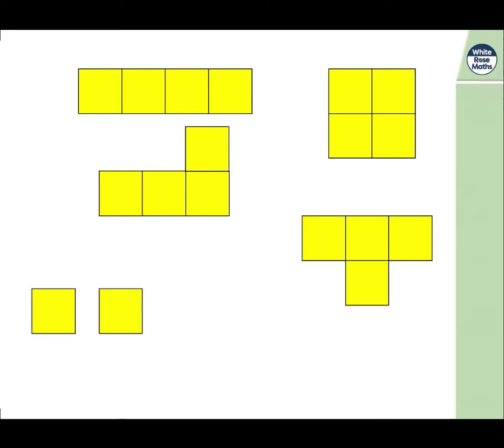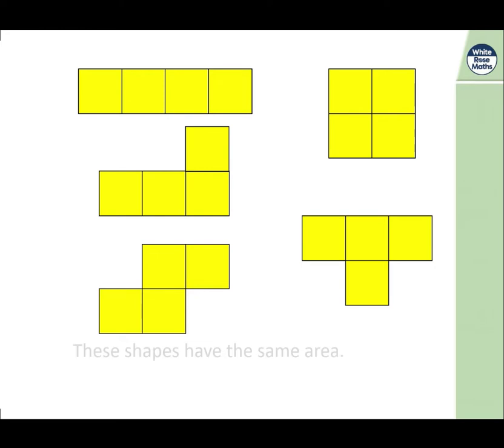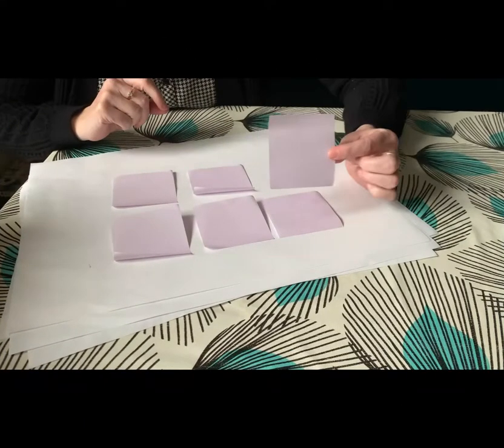I could also arrange it like this. The shapes have the same area. However I arrange them, they have the same area because all of the shapes are made from 1, 2, 3, 4 squares.